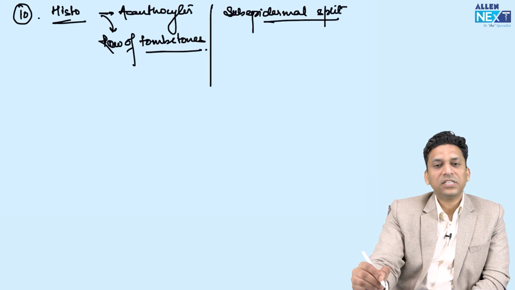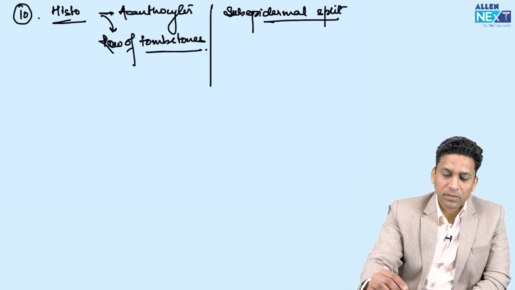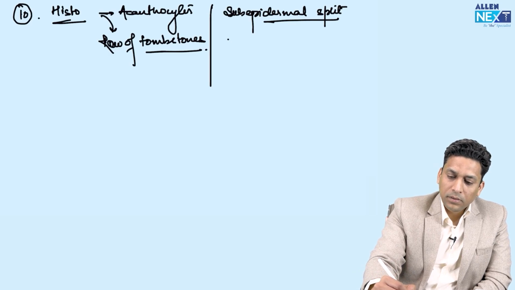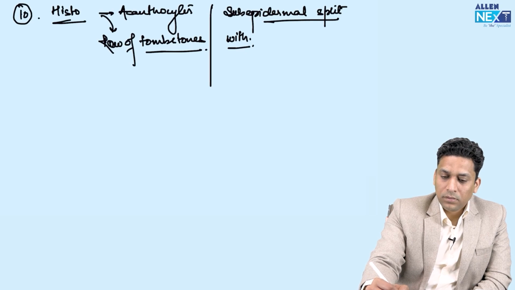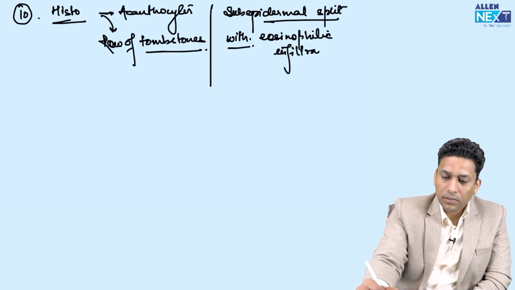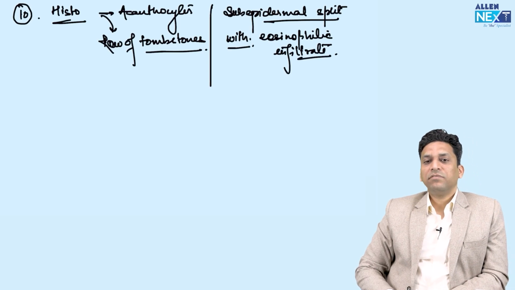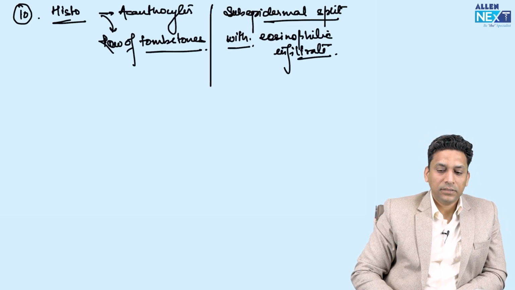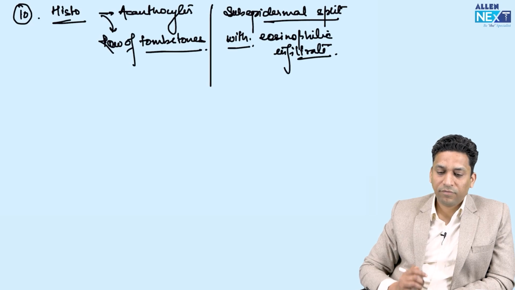So the split or separation is occurring where? Below the epidermis. So a subepidermal split with eosinophilic infiltrate is seen in cases of pemphigoid.